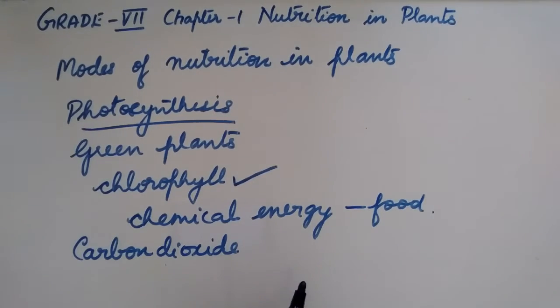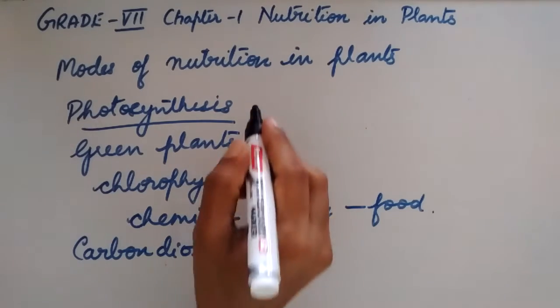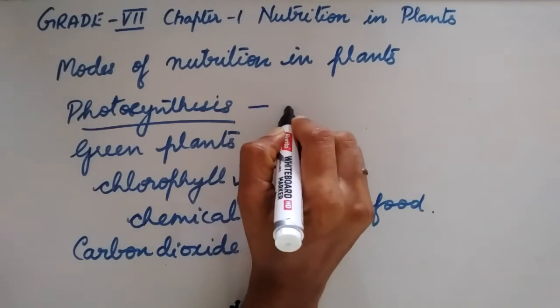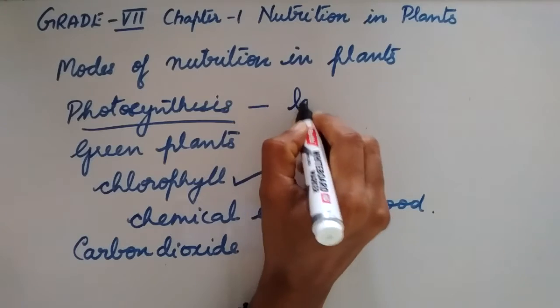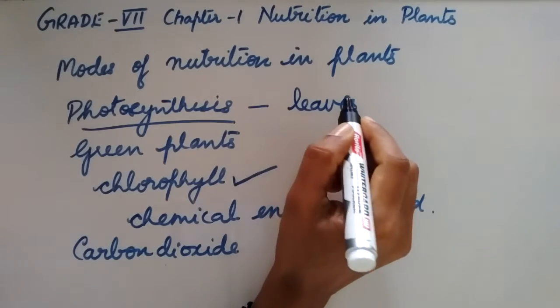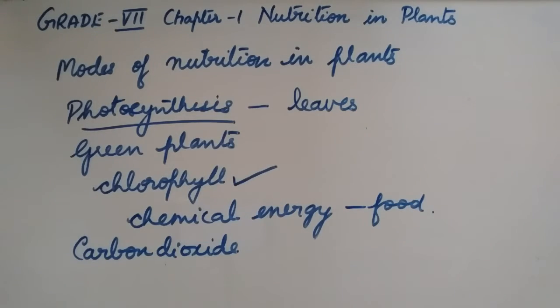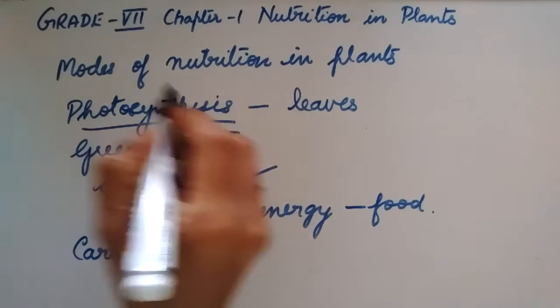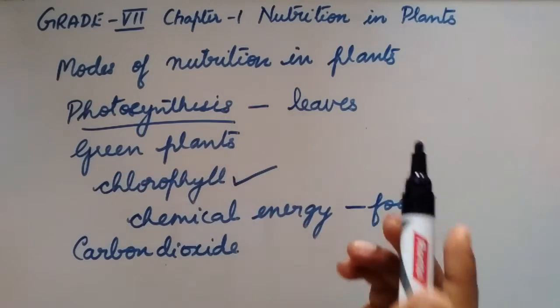Water and minerals are absorbed by the roots and transported to the leaves. So leaves are the main sites of photosynthesis in a plant. The photosynthesis occurs in the leaves.